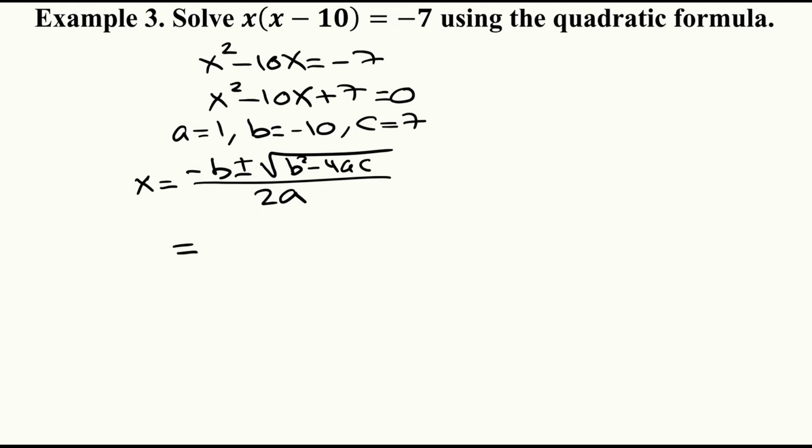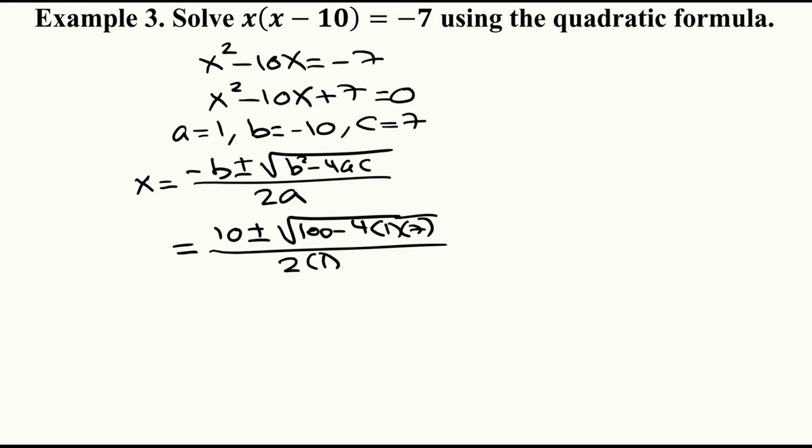And so we will go ahead and plug in. First we want -b, which means the opposite of b. So b being -10, its opposite will be +10, plus or minus square root of b squared, which is going to be all of -10, including the negative, squared, so that'll be +100, minus 4 times a, which is 1, times c, which is 7, all over 2 times a, which is 1.